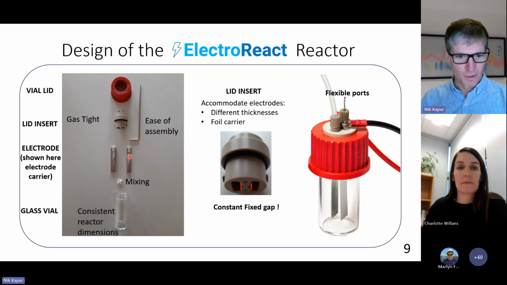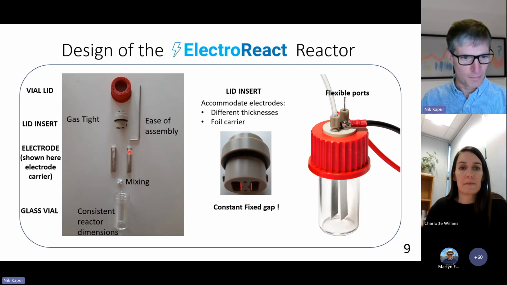There are your two electrodes, and I'll talk about those in a moment. These particular ones in this picture are a mixture of a PEEK carrier and a foil electrode. Again, I'll mention why in a few moments. The lid insert is really the thing that carries the electrodes and holds the spacing between them.